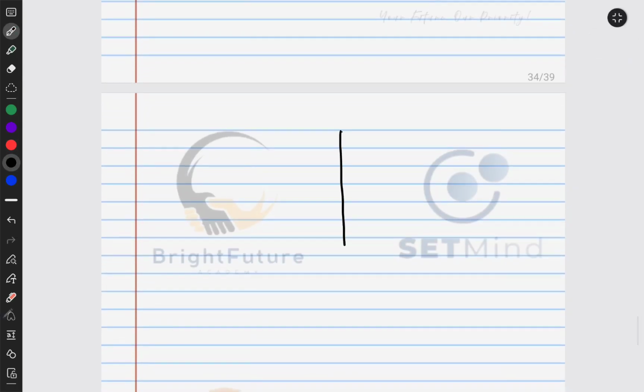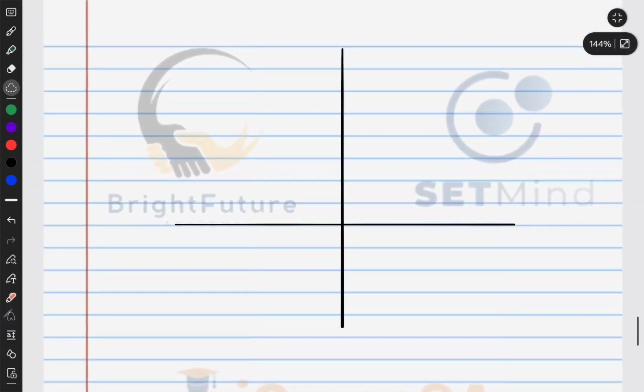Let me draw the Cartesian plane. Okay, these are your x-axis and these are your y-axis. It's important that when you are sketching, you always label your axis.